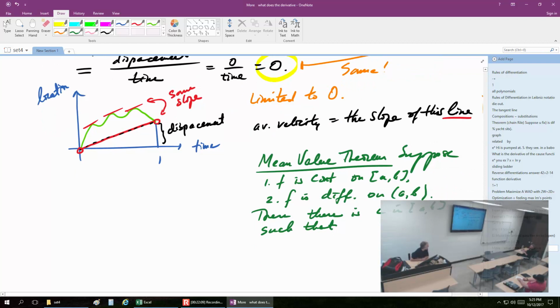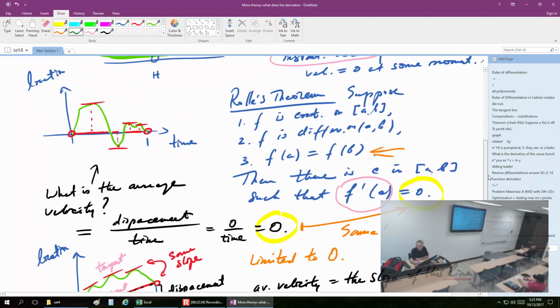We could speak of secant and tangent lines, but this time we want to rather speak of derivatives, so f prime.